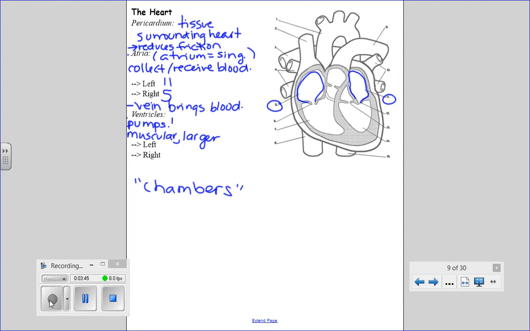So on the diagram, number 7 is your right ventricle. It's this big space that kind of looks like the letter V, very conveniently. And your left ventricle is number 14, this other big chamber that looks like a V.